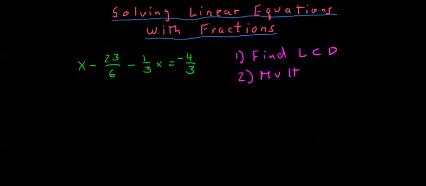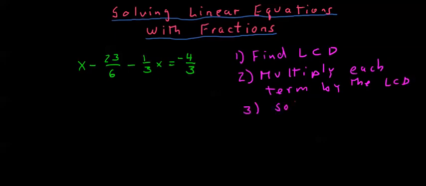Two, multiply each term by the least common denominator, and then three, solve. Very simple. So in this problem, our least common denominator is 6. All right? So I'm going to multiply by 6.